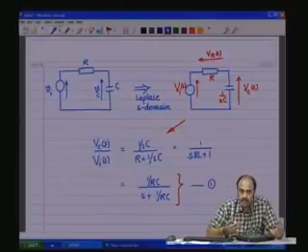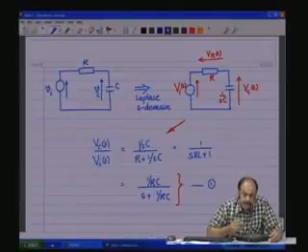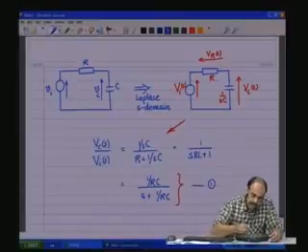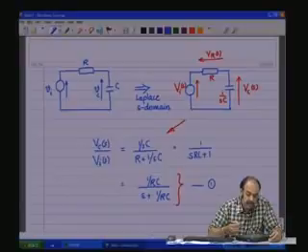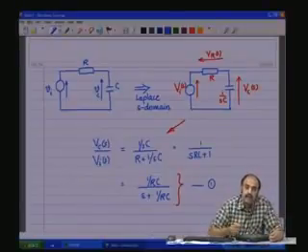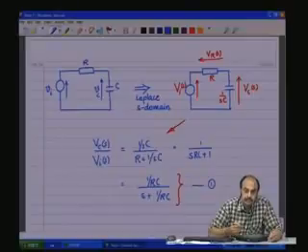It could be any variable, it could be the branch currents, or it could be voltage across any other component in the same circuit. So, if you take the same circuit, let us say we would like to see the voltage across Vr. What is the transfer function of the voltage across Vr with respect to the input Vi?